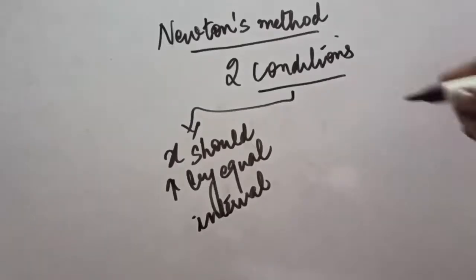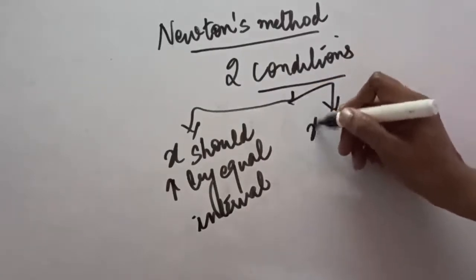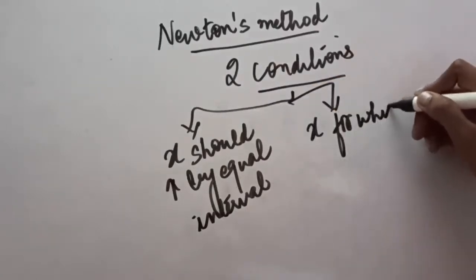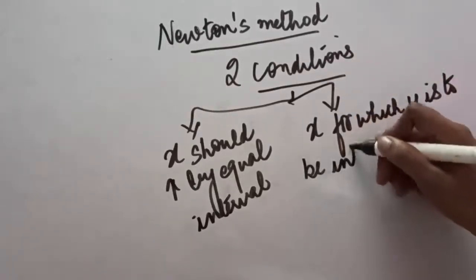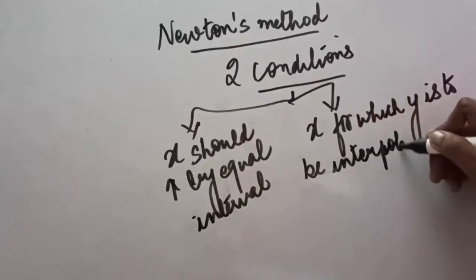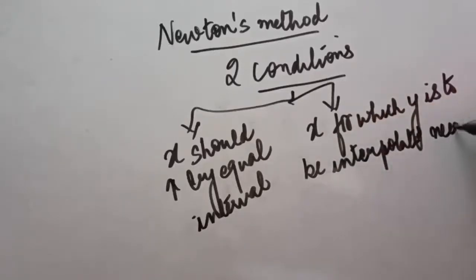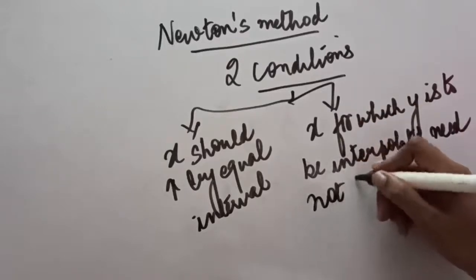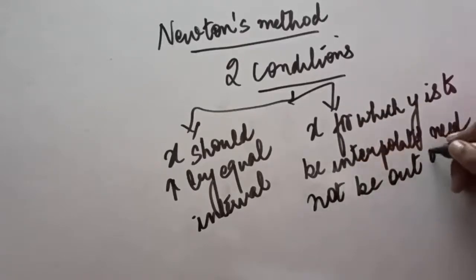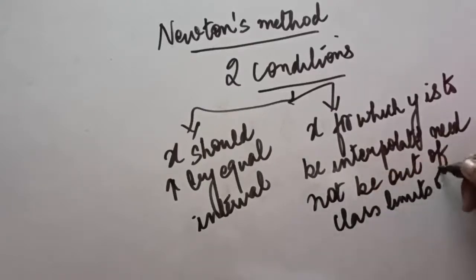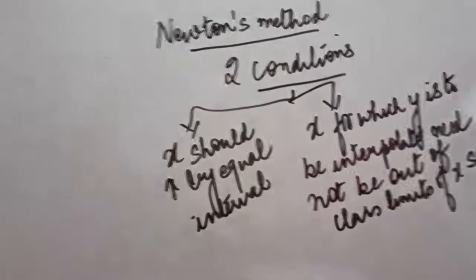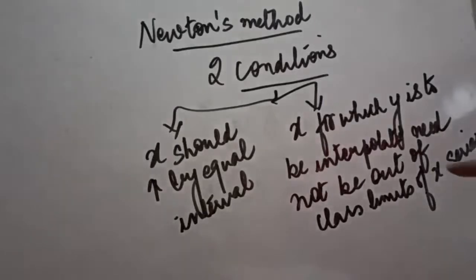The second condition is that the value of x for which y is to be calculated or interpolated need not be out of the class limits of the x series. It is not necessary, as we have seen in the case of binomial expansion, where this condition was necessary. But here this condition is not necessary.